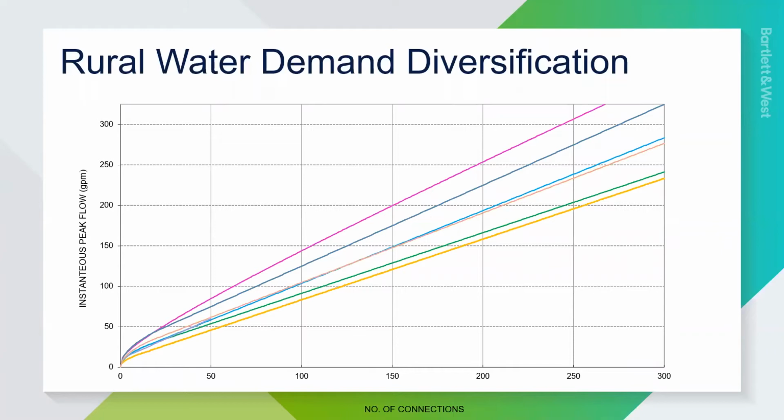They can vary based on usage patterns, experience, density, climate regions, and to help illustrate that, a couple different things. Say you're in a rural water system largely comprised of urban sprawl areas. That type of setting is going to have a much different demand diversification than, say, a largely rural system that is comprised of farmsteads with outbuildings and ancillary needs.